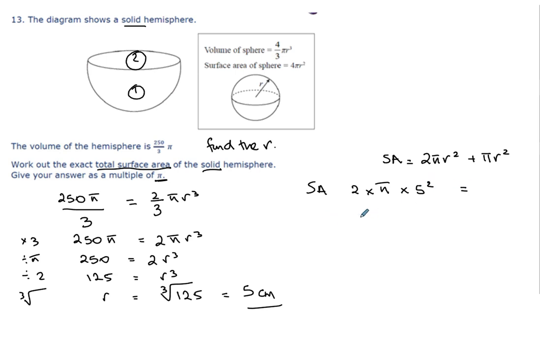And the pi r squared would be pi times 5 squared. Okay, so 5 squared is 25 times 2 is 50 pi, and 5 squared times pi is 25 pi. So the total surface area of the solid hemisphere is 75 pi.